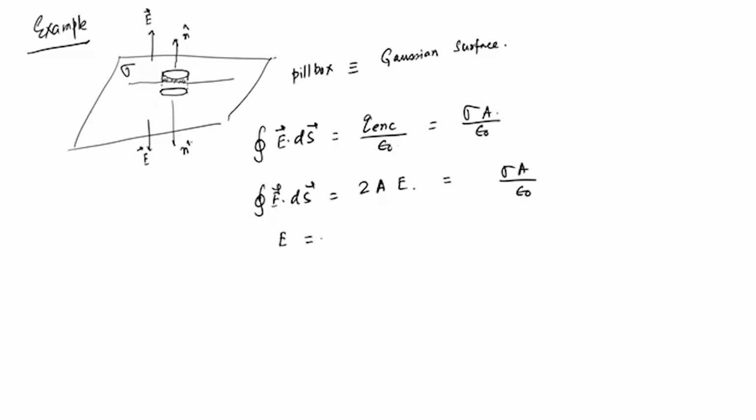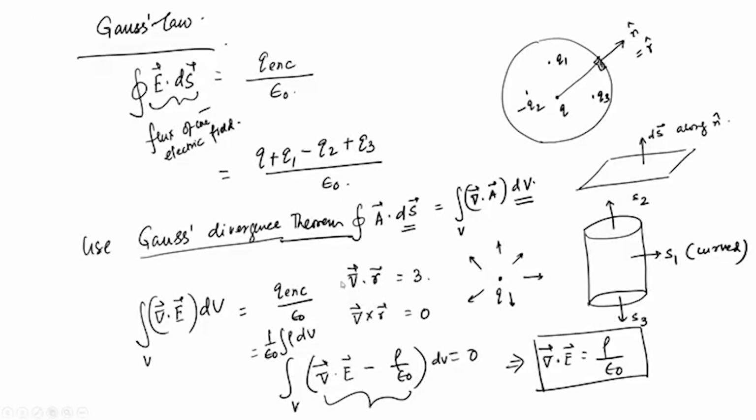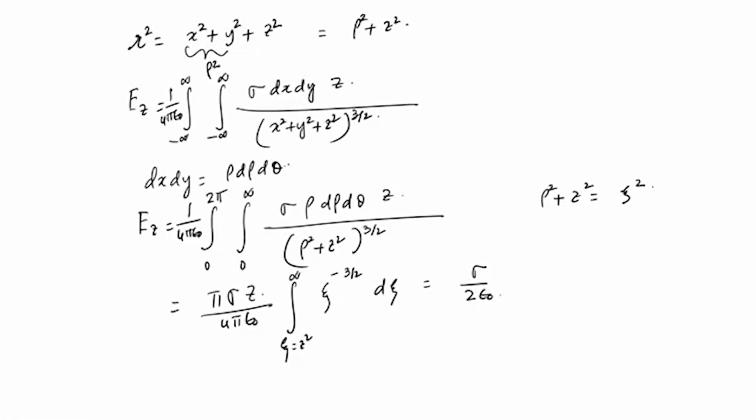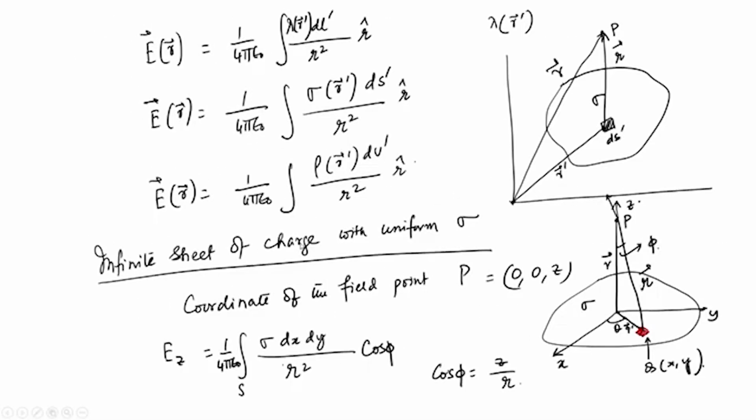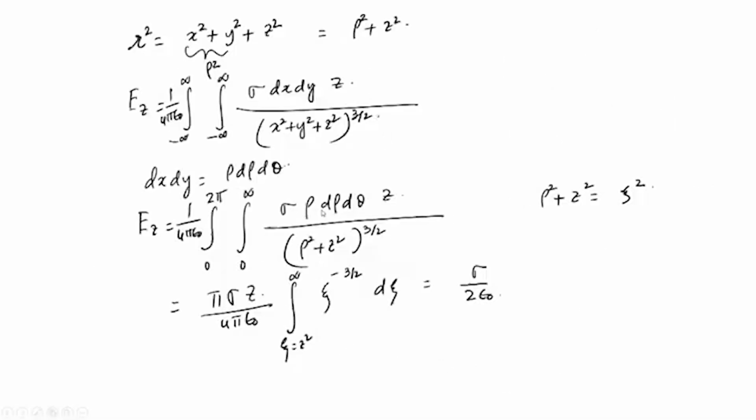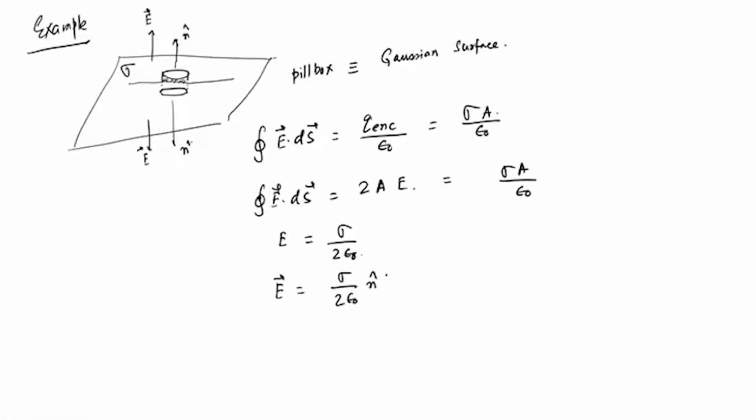So, E is equal to sigma by 2 epsilon 0, the result that we got, and if you want to write it in vector form, it is sigma by 2 epsilon 0 n cap. We have not put the direction here, but the direction is perpendicular to the sheet. So, instead of doing this integral with all this change of variables, the problem is much simpler here, where you simply apply the divergence theorem and get the result.